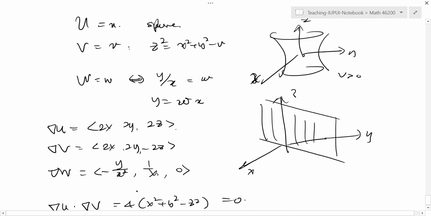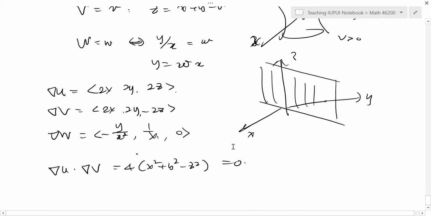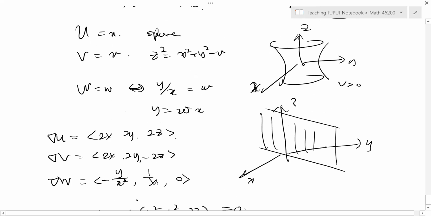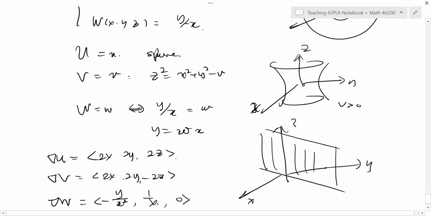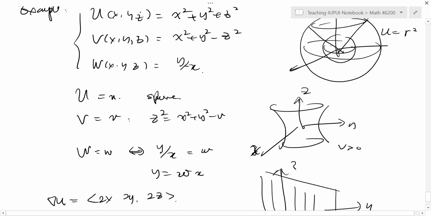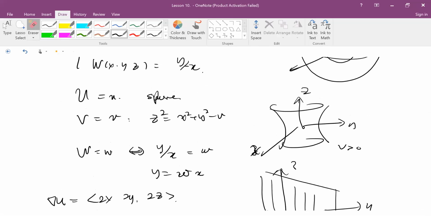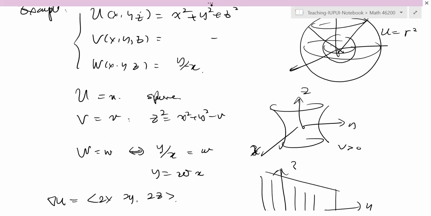When capital V equals 0, then x squared plus y squared minus z squared is 0. Otherwise, it's not always perpendicular. So we need to modify it. Okay, this is not working. Let's try a different one.